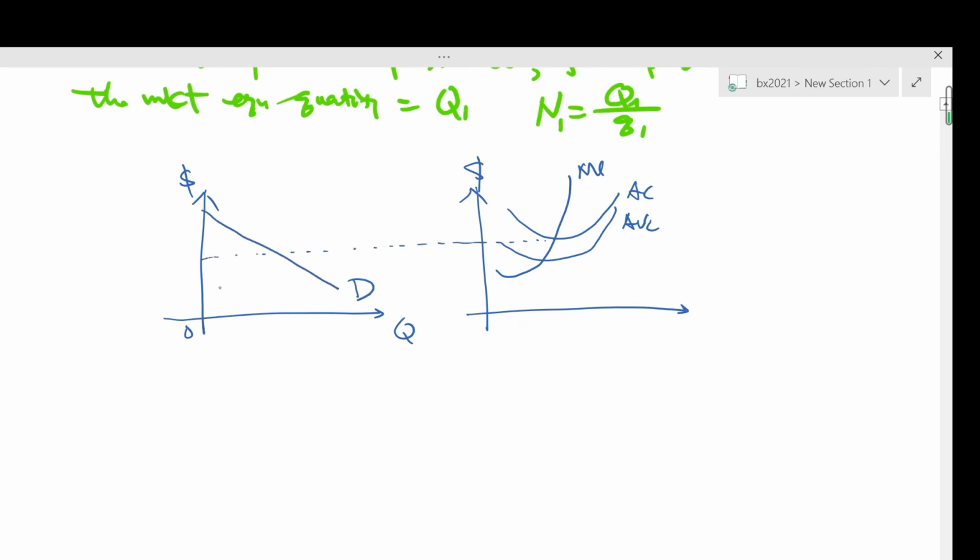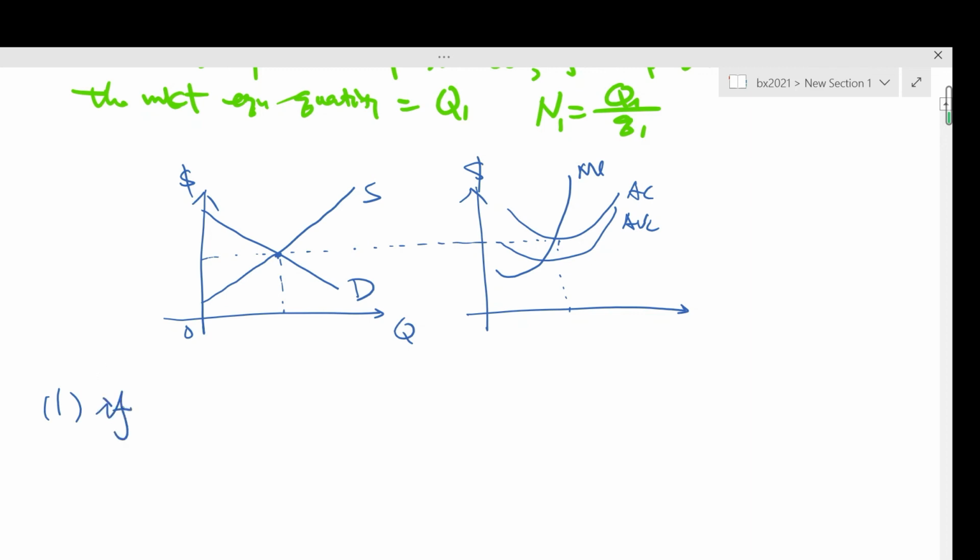So demand, supply. So let's start from a long run equilibrium where every firm earns zero economic profit. Suppose there are two tasks here actually for you to practice. First, starting from a long run equilibrium.